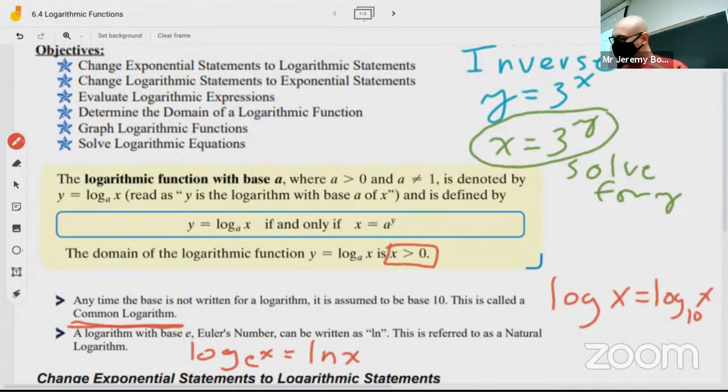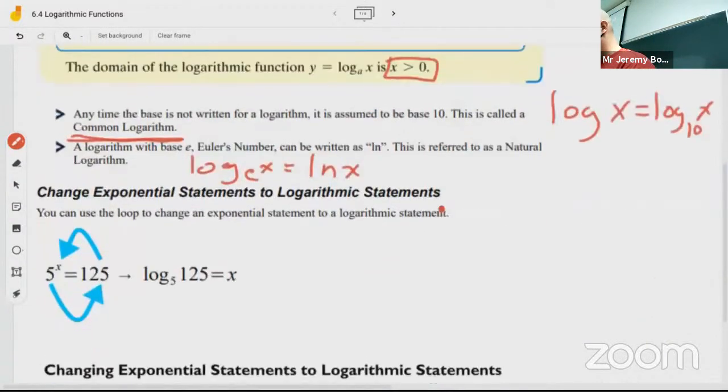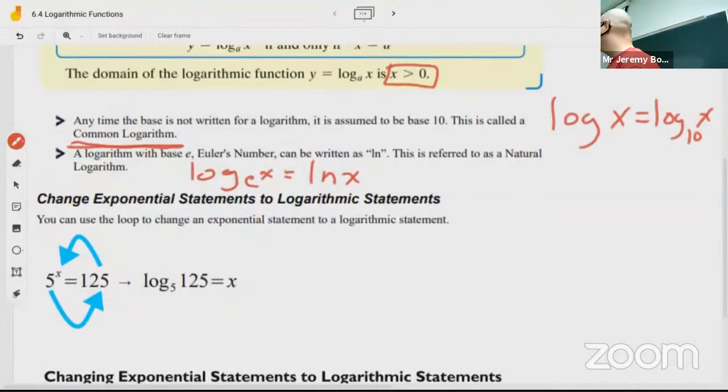All right, so we know about its relationship with exponentials, but how do we go back and forth between the two? Well, there's this neat little circle thing. Someone called it the magic circle one time. If you have 5 raised to the x is equal to 125, the base is going to remain the same.